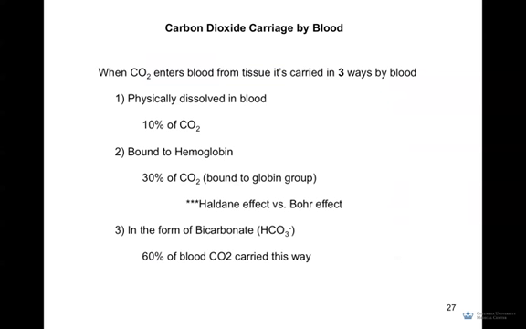So when CO2 binds to hemoglobin, hemoglobin is more likely to let go of oxygen. And that relationship is referred to as the Haldane effect or the Bohr effect, that as CO2 binds to hemoglobin, it tends to promote the unbinding of oxygen.